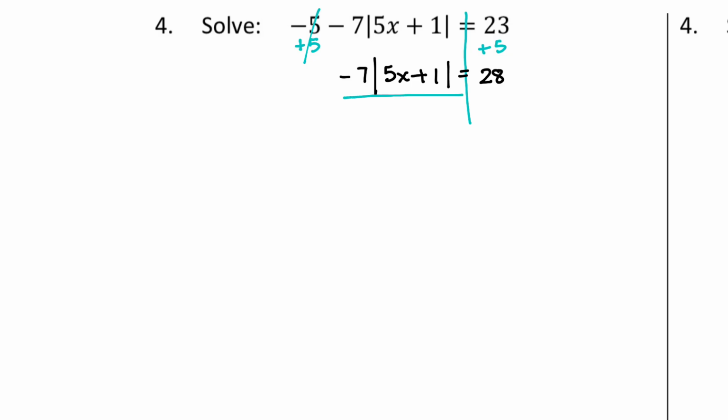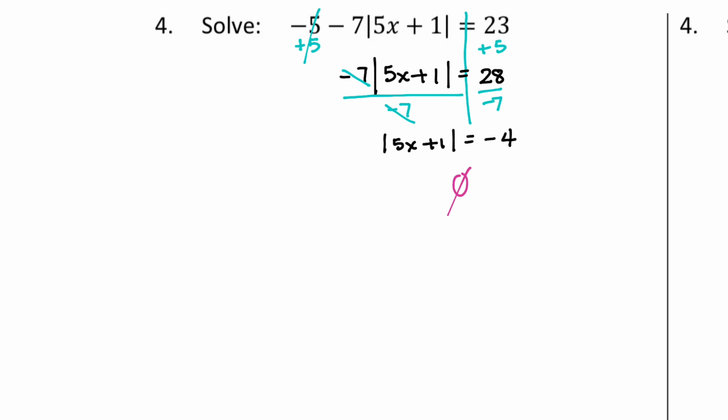So we're going to divide by the negative 7 that's in the front. It's multiplied by the absolute value when it's just squished next to it. Opposite of multiply is divide. So there we go. Okay, now would come the step to split. However, we're going to stop right here because there is no solution.